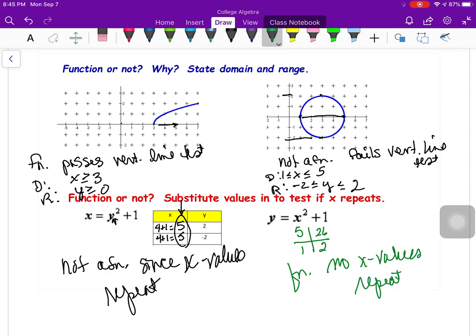So here's the key. It's what your x values do. This was x equals y squared versus y equals x squared. When it is not an x that is being manipulated, it is definitely not a function.